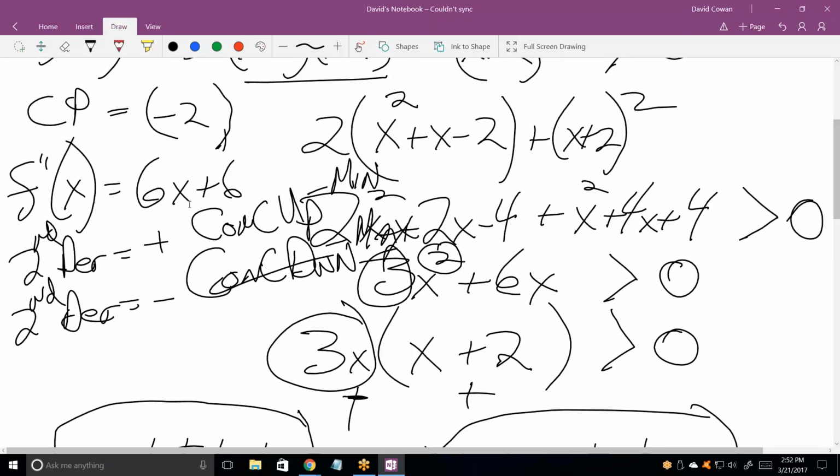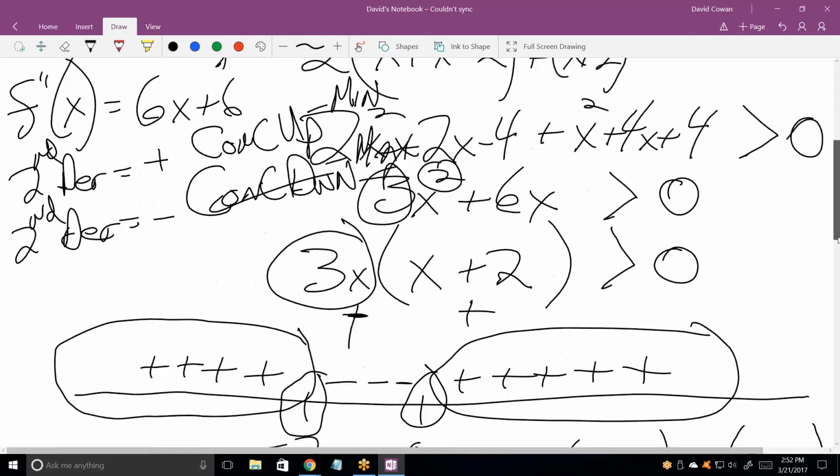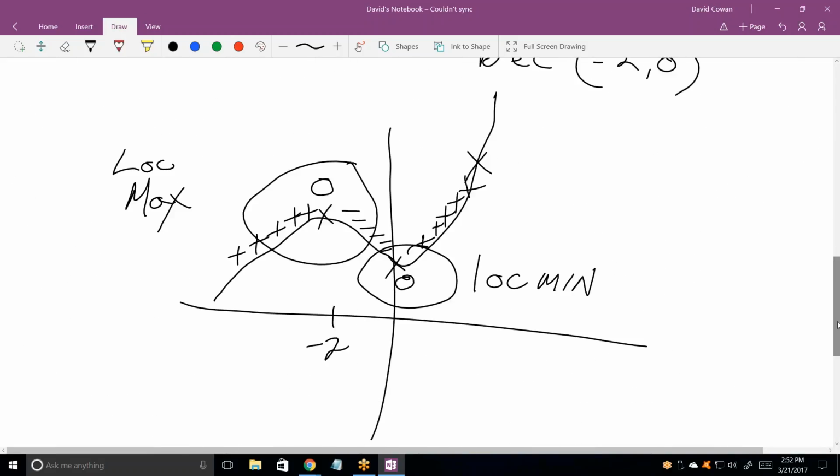If I plug in the second critical point of the first derivative, which is 0, what is the second derivative? Positive. Positive means concave up. As you can see from the graph, that is concave up, and concave up means the local minimum. So the first thing you do is take the first derivative and set it equal to 0.